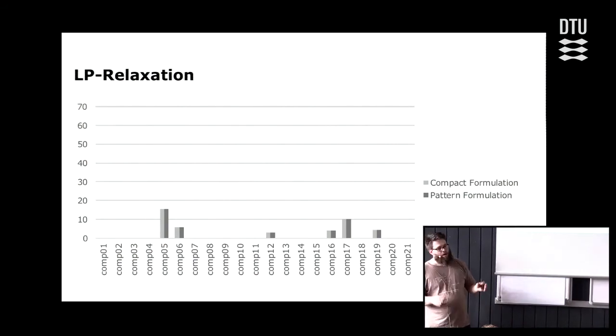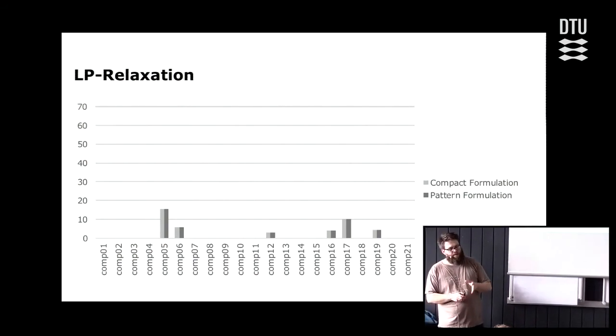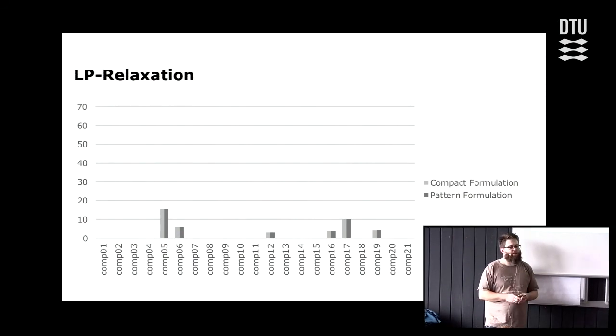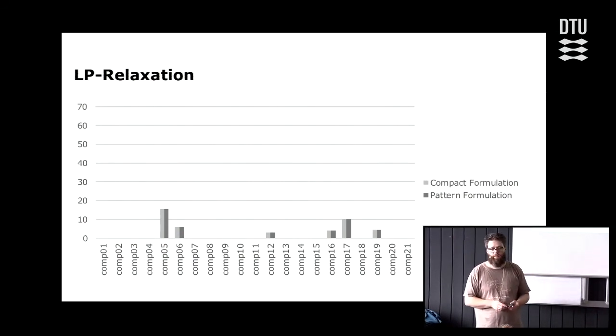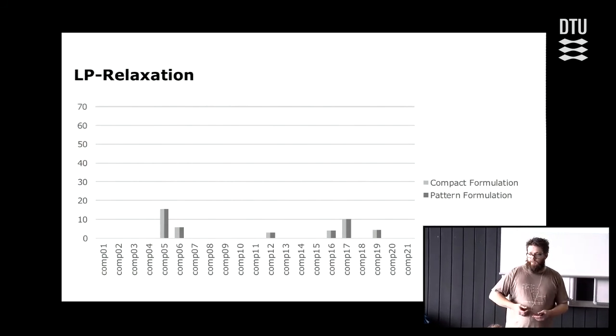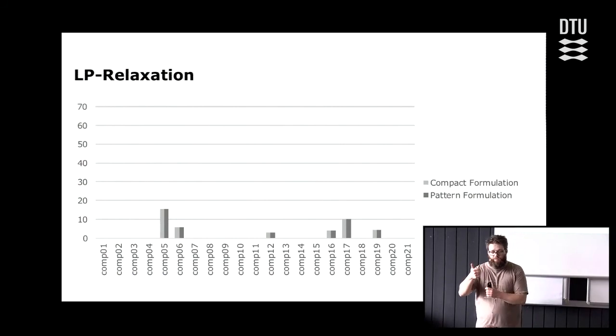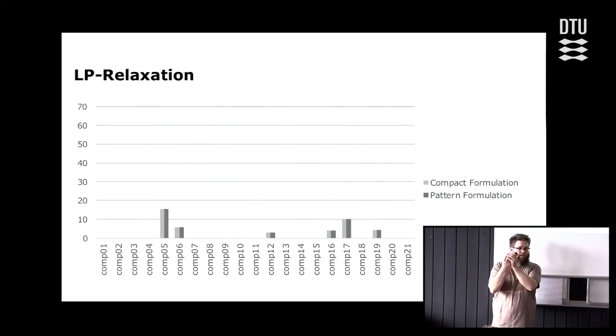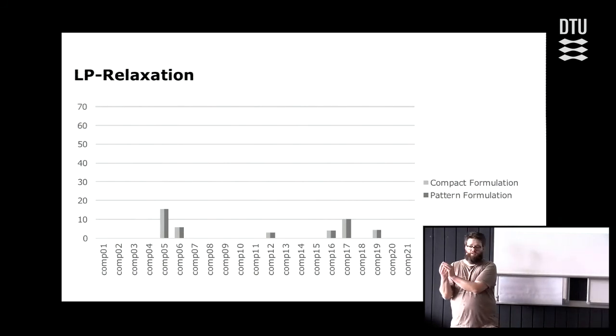But the patterns have one specific property that makes them beneficial that the compact formulation does not. It's possible for us to take a specific course, a specific day, and a specific pattern and say, is this combination ever going to be in any feasible solution, yes or no?